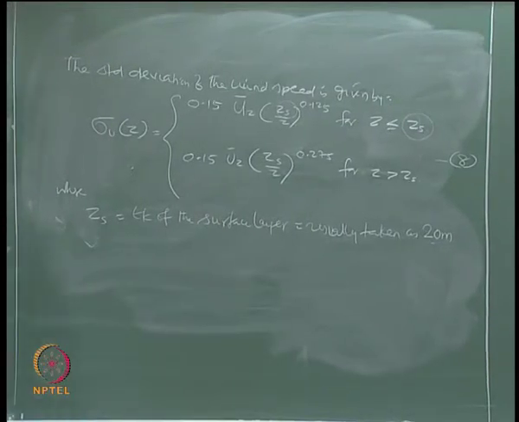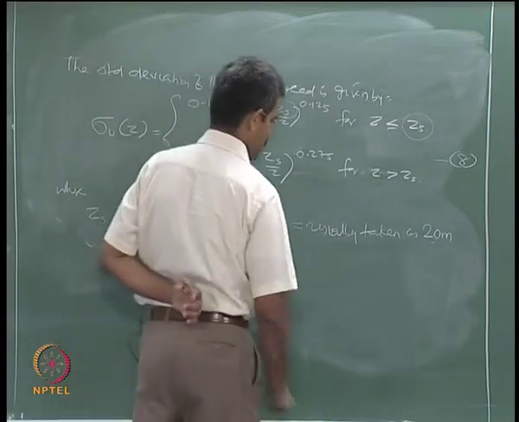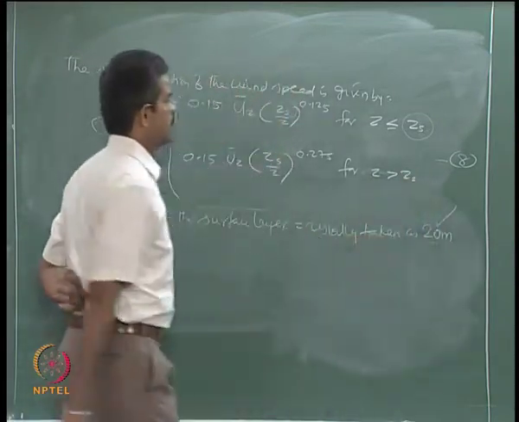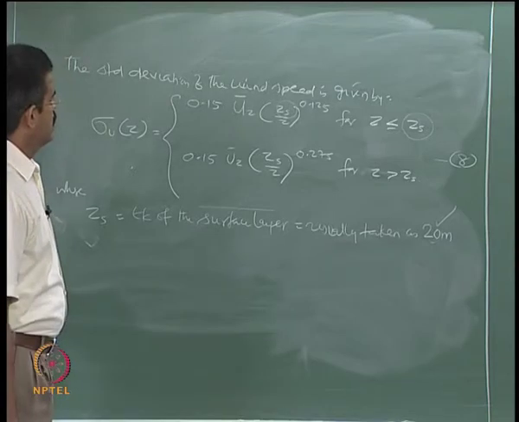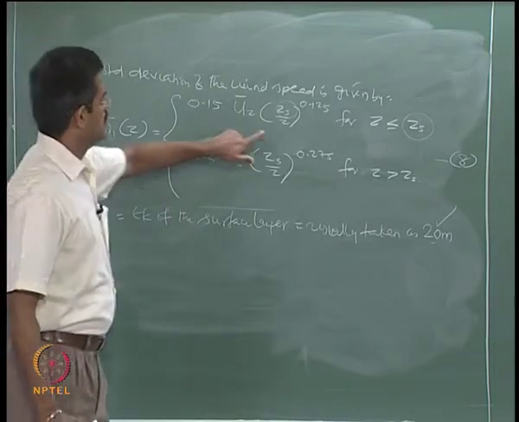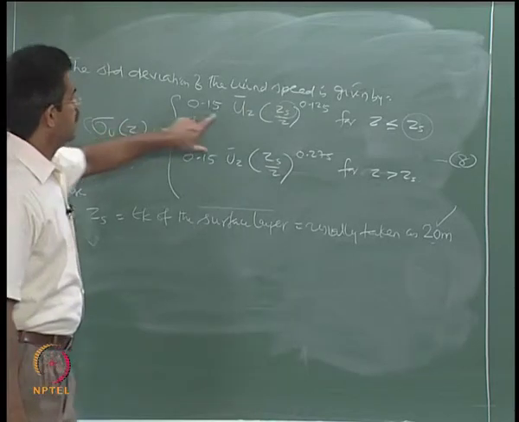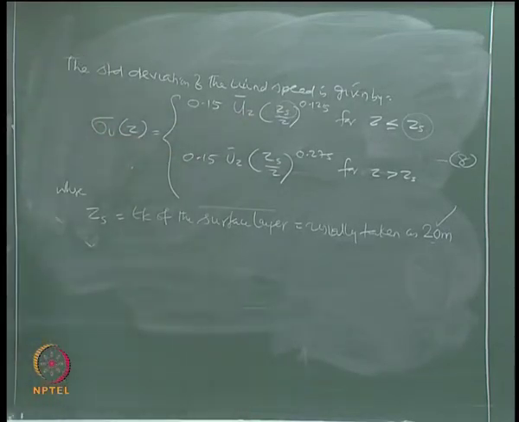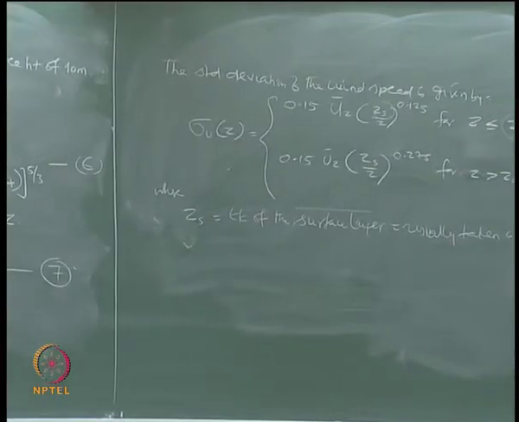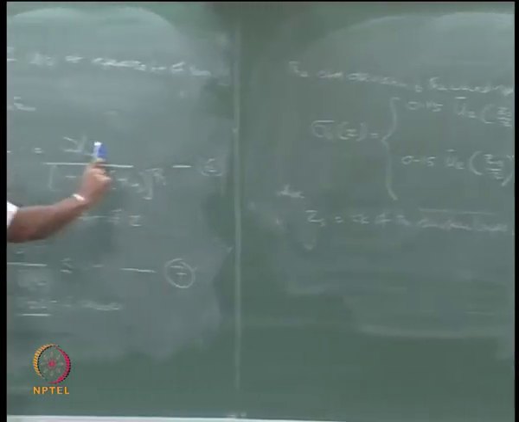So, if you know the thickness of the surface layer, which can be considered as 20 meters, you can always find out at what z you want to compute your standard deviation, pick up the equation, square that, and you get the spectrum defined, because you already know omega p.